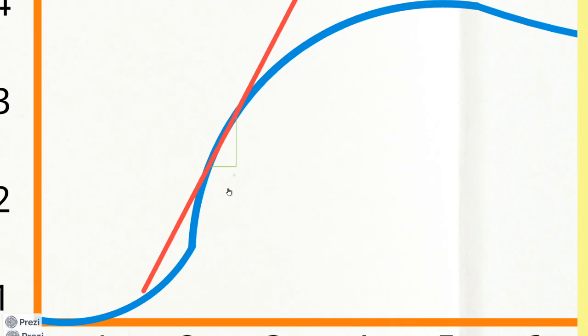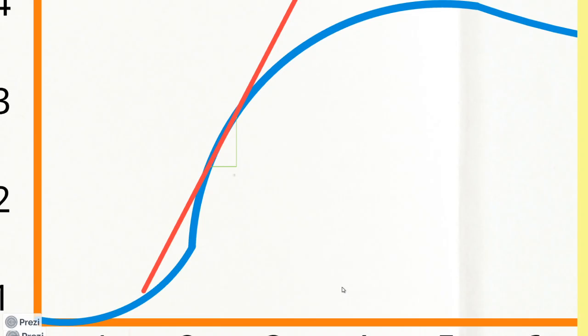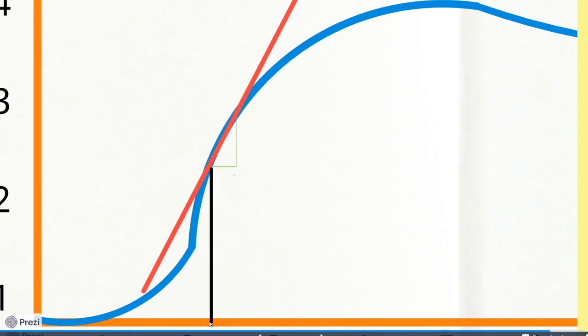The same applies for the tangent also. Now this is my distance axis, distance by time axis. We were studying about finding the speed or the velocity. So this is my time. If I draw a line like this, I get the time, and I will call that time t.